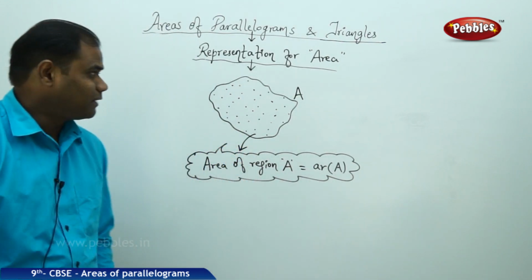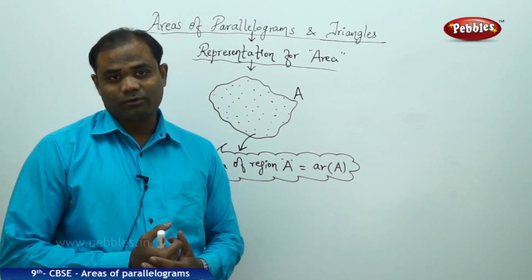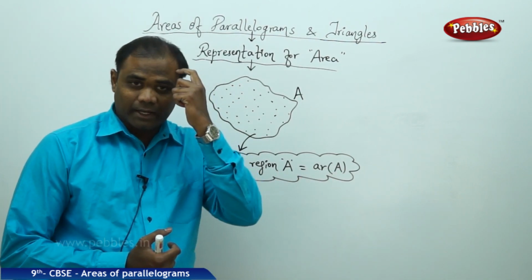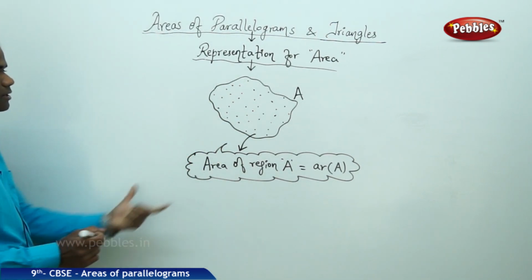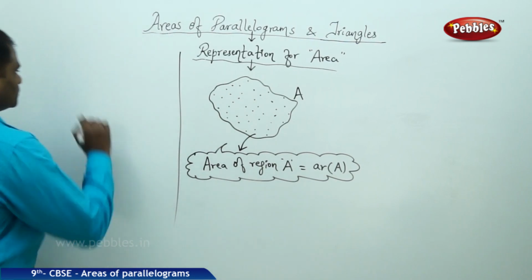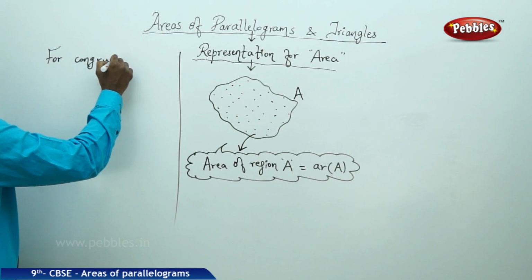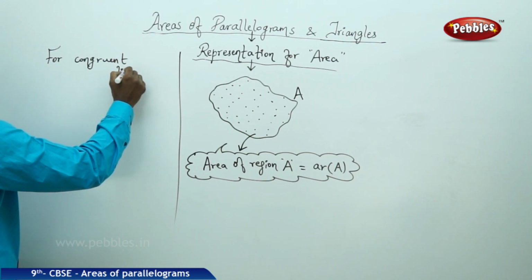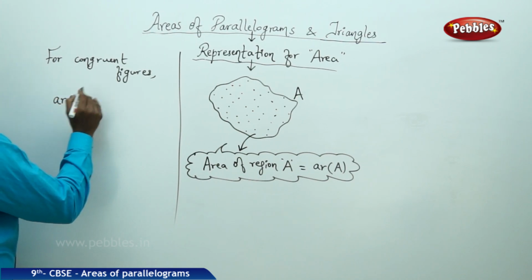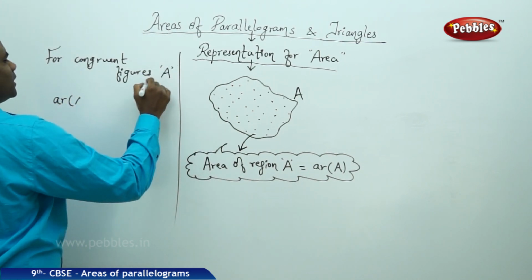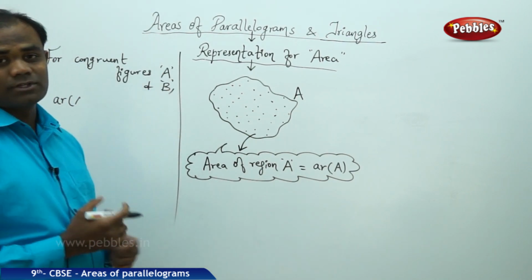Now that we have defined the representation for area for the region A being AR of A, let's see how we can connect this with congruency of two figures. So as the representation is understood for this region A, I have the property which says for congruent figures A and B. Say I have two regions A and B which are congruent.